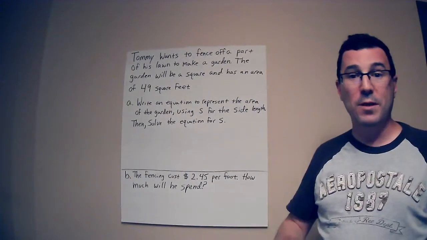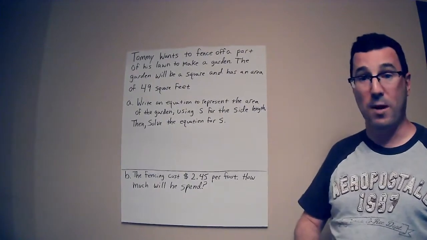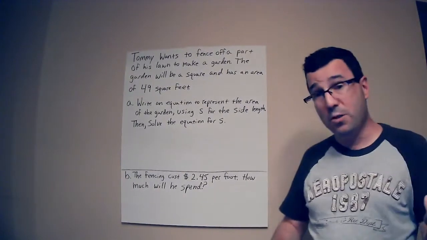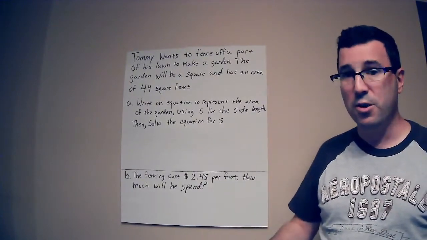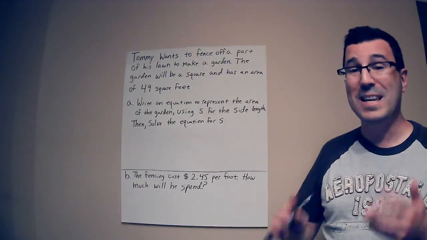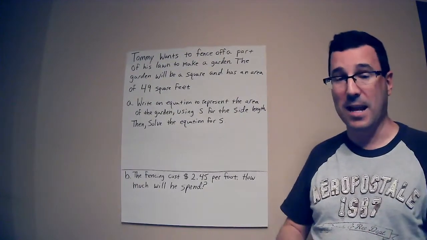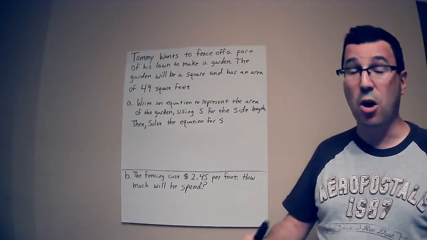The garden will be a square and has an area of 49 square feet. So the first part of the question says for us to write an equation to represent the area of the garden using S for the side length. And then we're going to solve the equation for S.